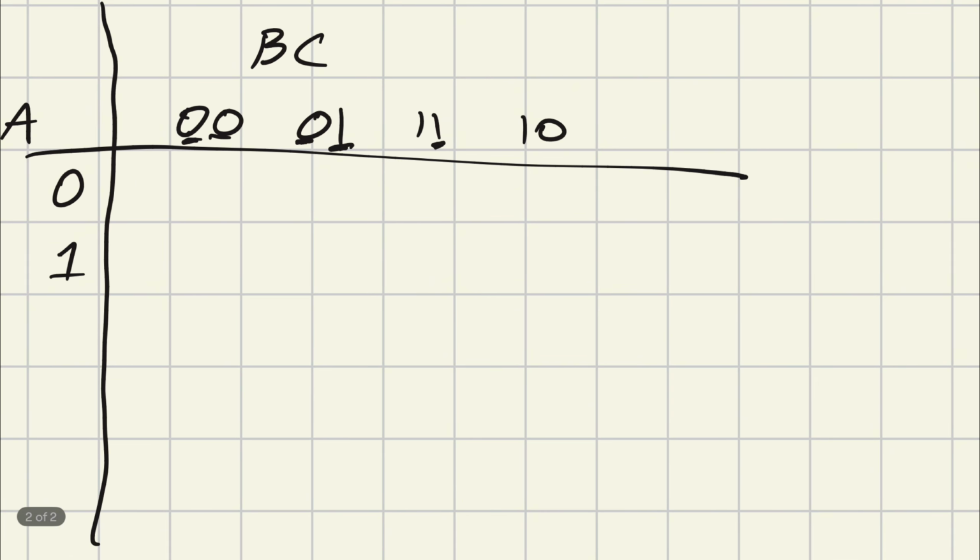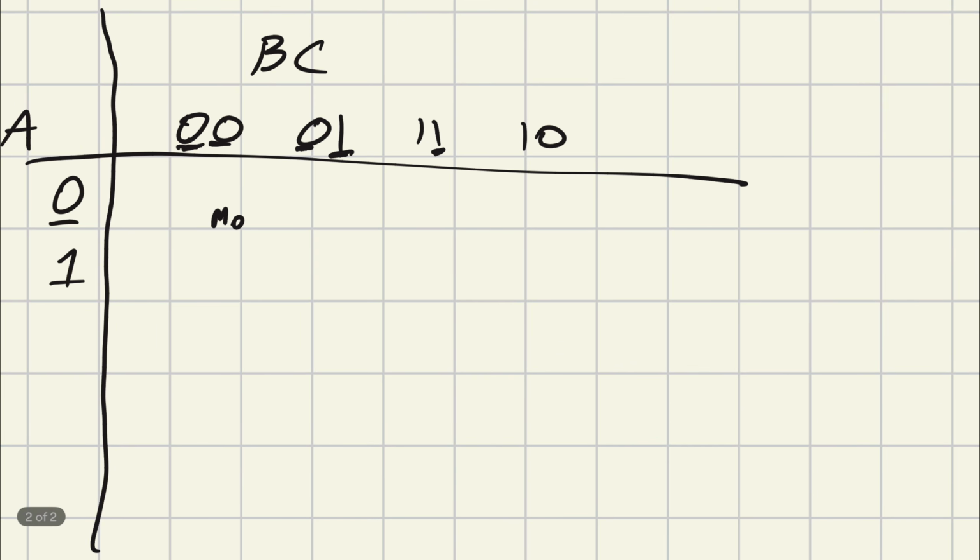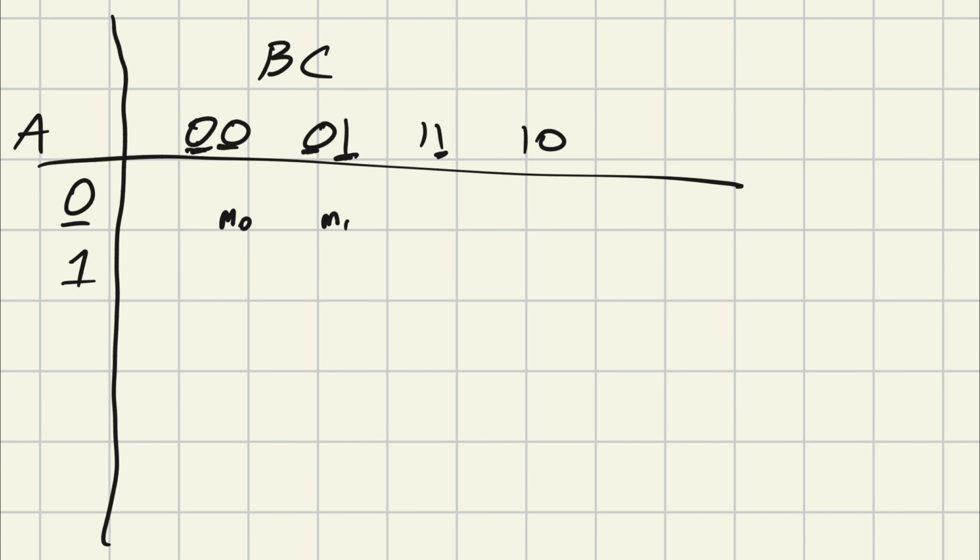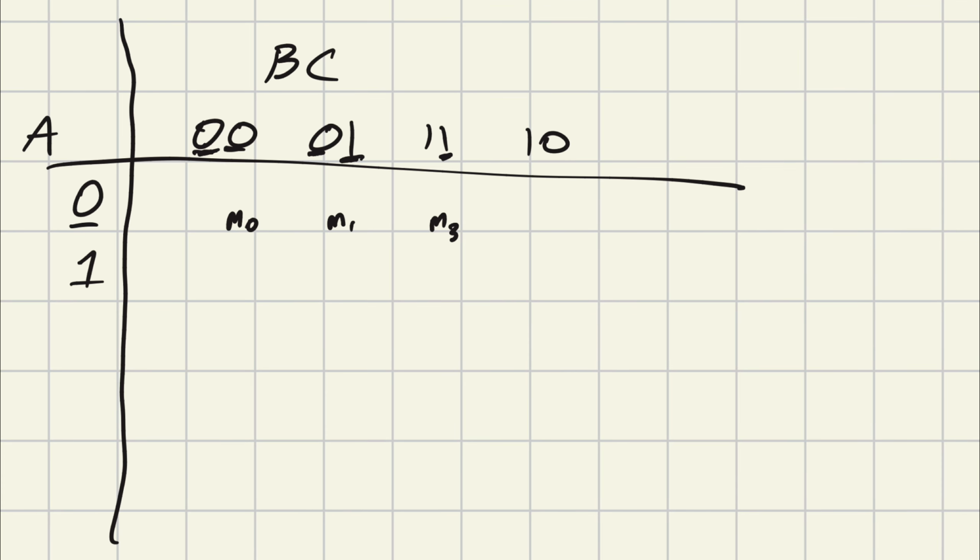So we know that 0, 0, 0 would be minterm 0, 0, 0, 1 would be minterm 1, and 0, 1, 1 would correspond to minterm 3, because converting 0, 1, 1 into decimal gives us 3, and then 0, 1, 0 would be minterm 2.